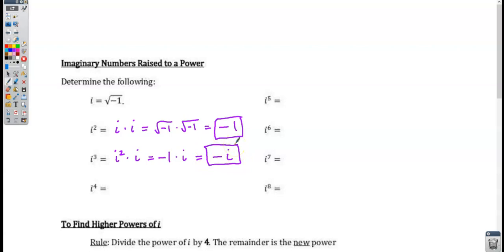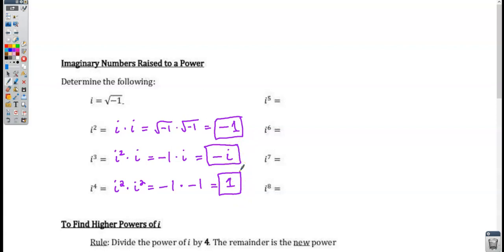And so i to the third power is equal to -i. All right, how about i to the fourth? i to the fourth is equal to i squared times i squared. We know that i squared is equal to -1. So this is equal to -1 times -1, and -1 times -1 is +1.